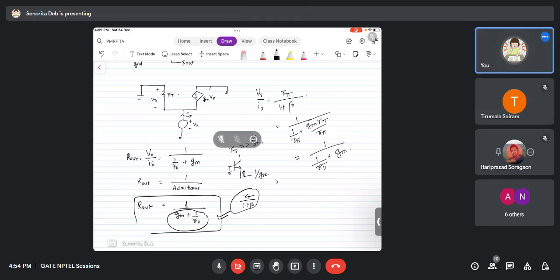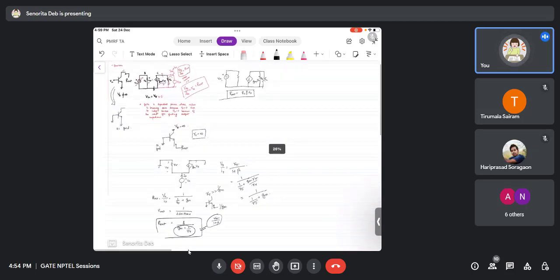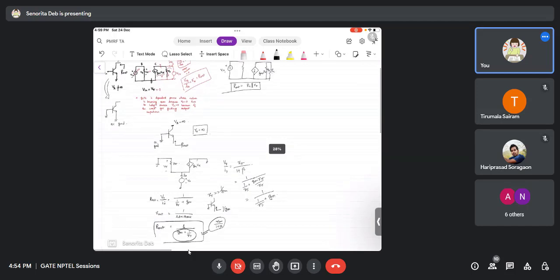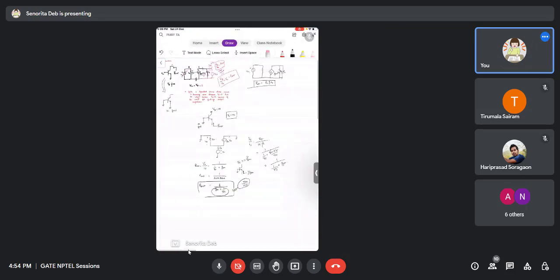Chandrasekhar, Neetu, did you guys do this? Were you able to do this derivation? You had to find Vx by Ix from here. I'll give you 1 more minute. Just note everything down, and then please go over it once again. Rotate my screen, maybe then it will be better visible.